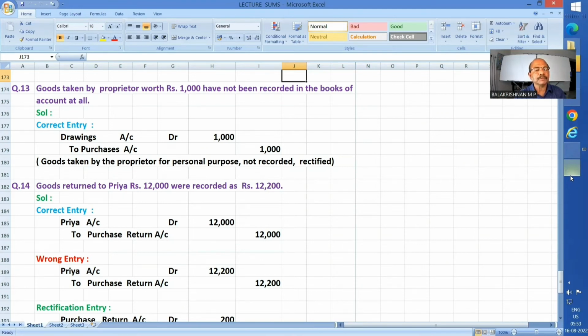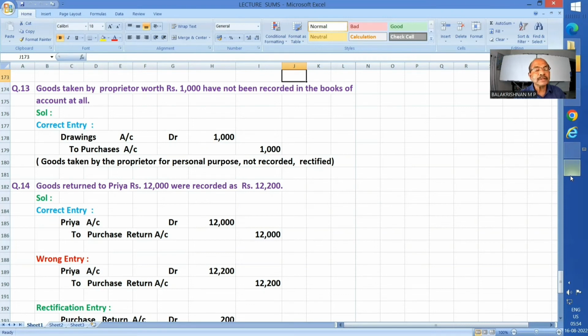Let me tell you, suppose you purchase some goods for 100 rupees and sold it for 125 rupees. What is the gross profit? 25 rupees. Suppose it so happened, the proprietor took home 10 rupees worth of goods. So what's the goods he applied in the business for selling purpose? 100 minus 10, 90 only. That has to be compared with 125, and the GP is now 35 rupees.